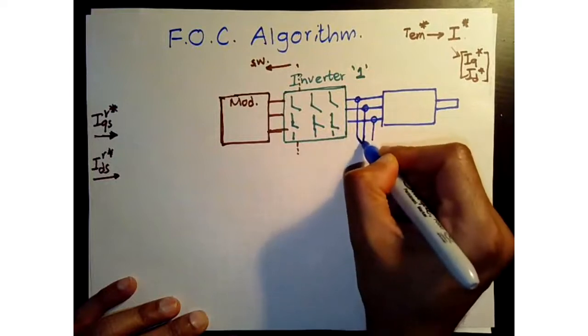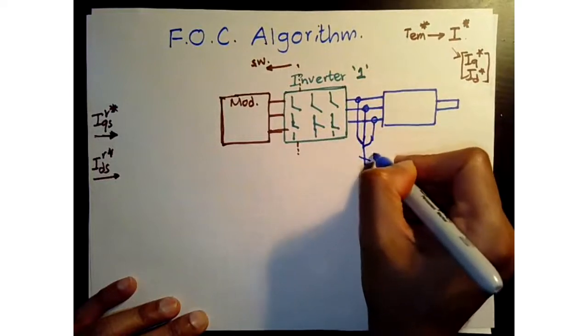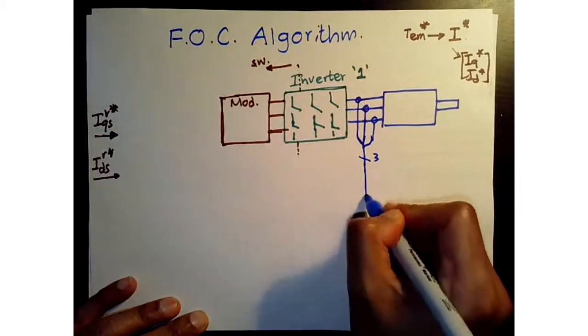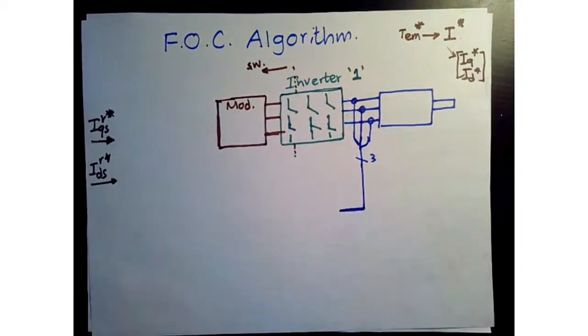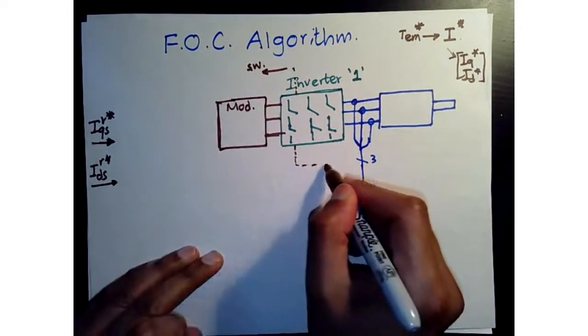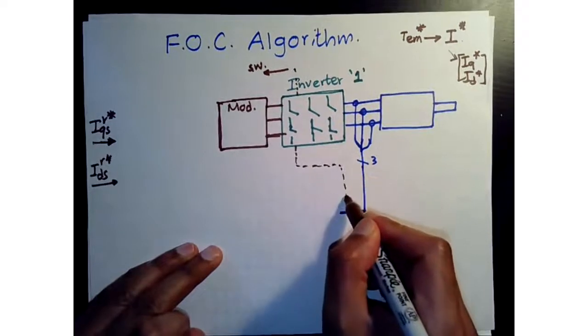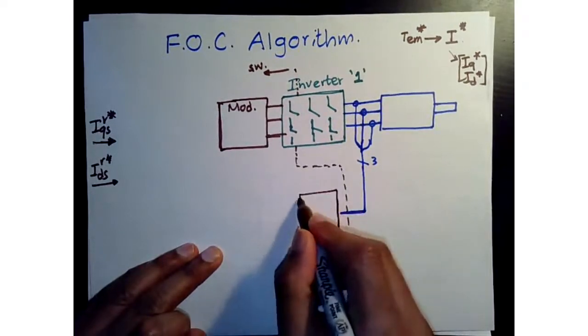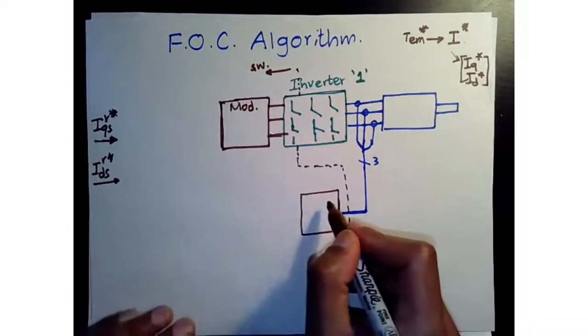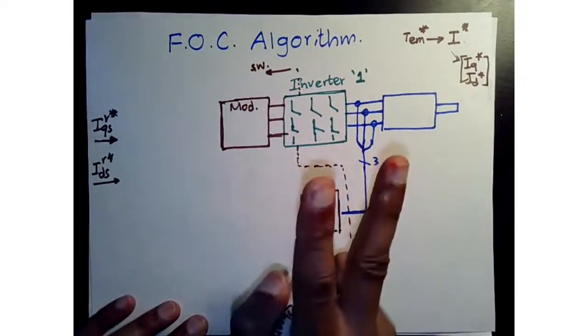Okay, so I'm going to combine them into one. So this is a line of three. So we have three current measurements coming in. Okay, now it goes into the microprocessor, and those three currents get converted to two.